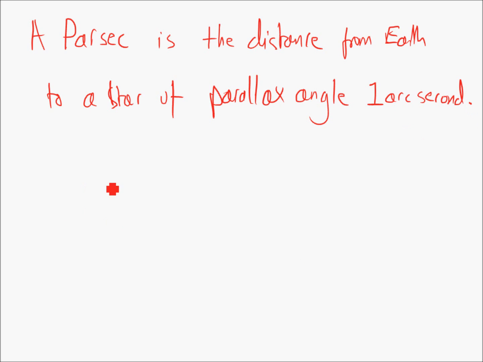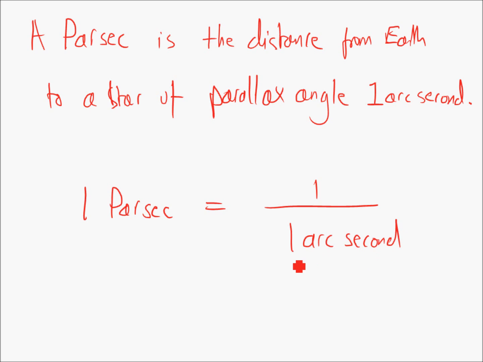And there's a formula that is handy for us to use here. There is an inverse relationship. The number of parsecs away that a star is, you can find by doing 1 divided by the number of arc seconds.